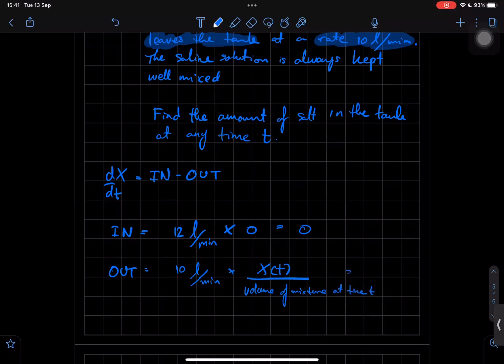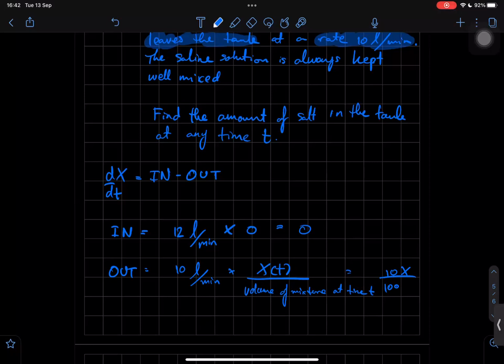Okay, so it's equal to 10x over the volume of the mixture, which is 100, right? Because this one is at t equal to 0, right?